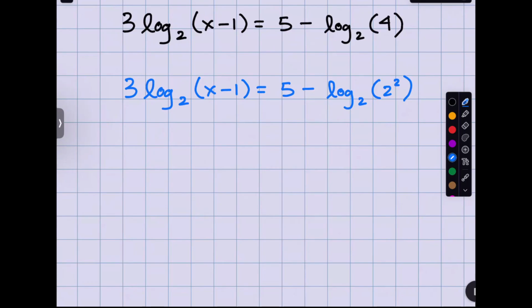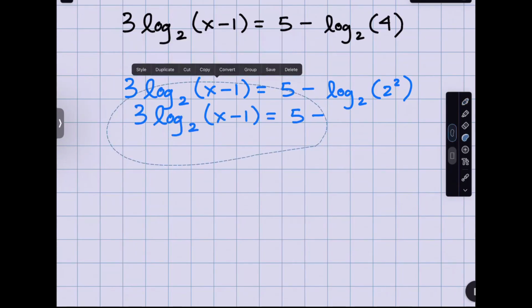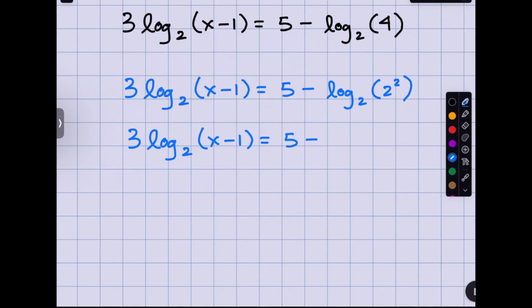Agreed? So that means this is going to end up being just 2, because since the bases are the same, these are opposite operations. So therefore, this 2 is what's left. Understood?